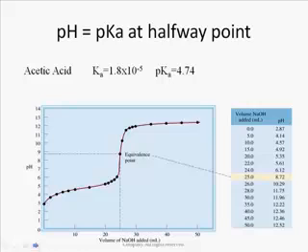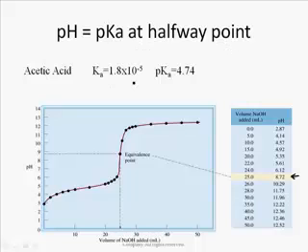Okay, now here's something to note when we're titrating a weak acid or a weak base at the halfway point. So here our equivalence point occurs at about 25 milliliters. The pH is equal to the pKa at the halfway point.